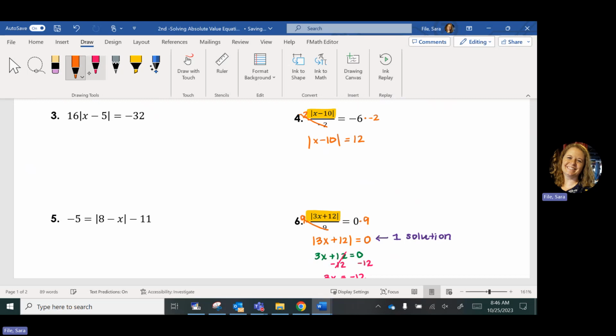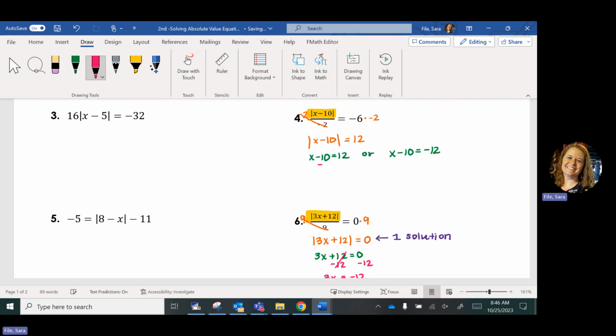So I've isolated it. That's great. And it is set equal to a positive number. So how many solutions should I expect? 2. So I'm going to set x minus 10 equal to 12. And x minus 10 equal to -12. And then I'm going to solve both of those.